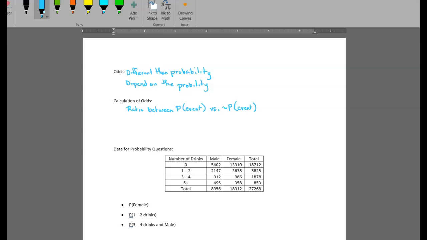Generally, odds is something that we talk a lot about in terms of gambling. And odds generally refers to how much somebody is going to win or gain. So a lot of times odds is based on money, based on gambling.